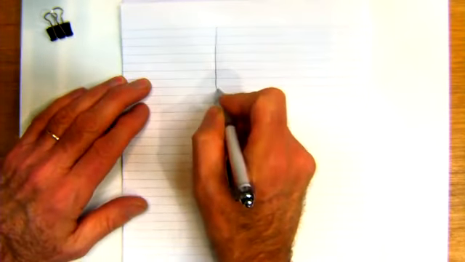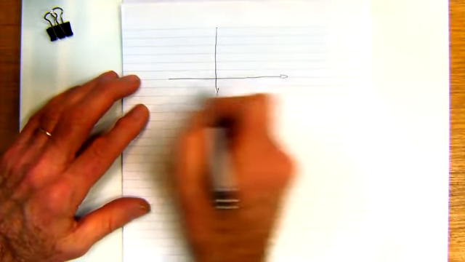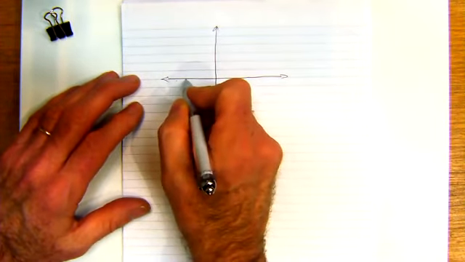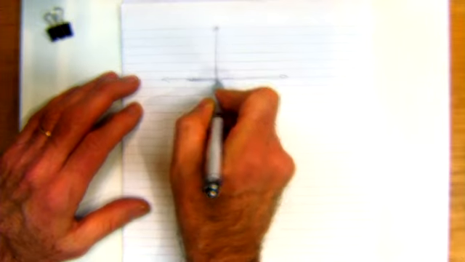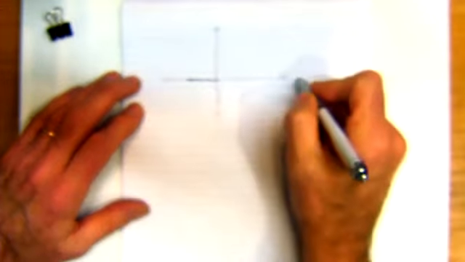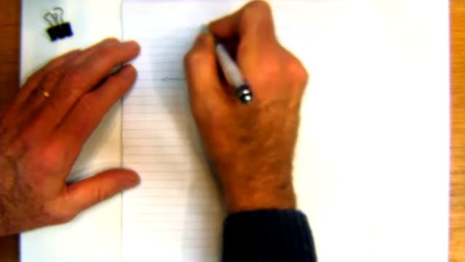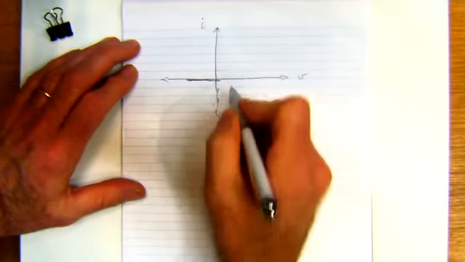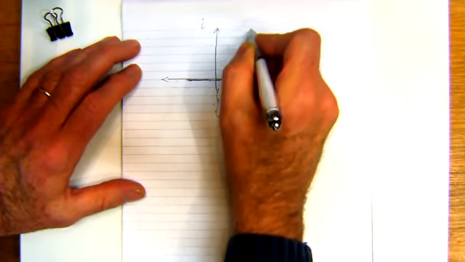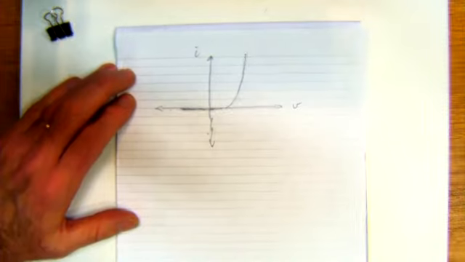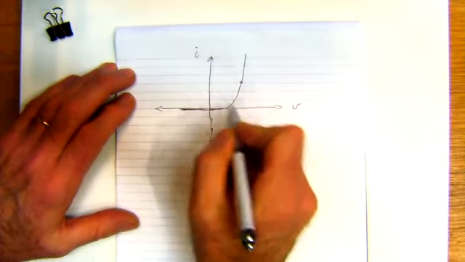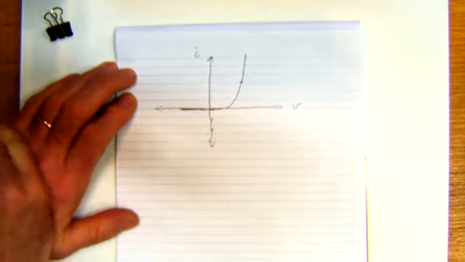How about I draw the characteristic of a typical diode? So we know that we have an off range here where there's a slight leakage current. And this is volts and this is current. And after we get to a certain point, then things start to take off and head up skywards. And we have some sort of nominal switching point. Do you remember what it would be from this morning?